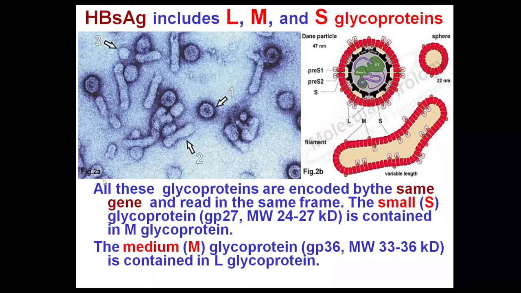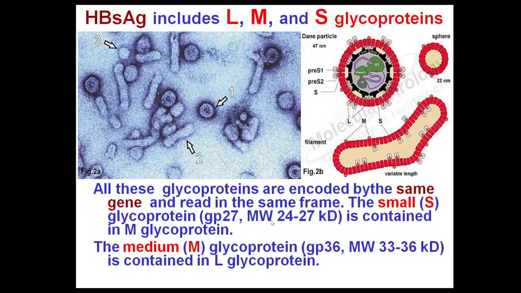Then, if we are talking about glycoproteins, we may distinguish L, M, and S glycoproteins. Do you remember how you measure the size of T-shirts? S, M, L. That's how we measure the size of the hepatitis B surface glycoproteins. All these glycoproteins are encoded by the same gene and read in the same frame.